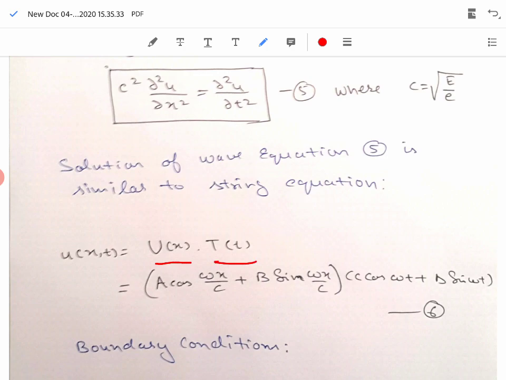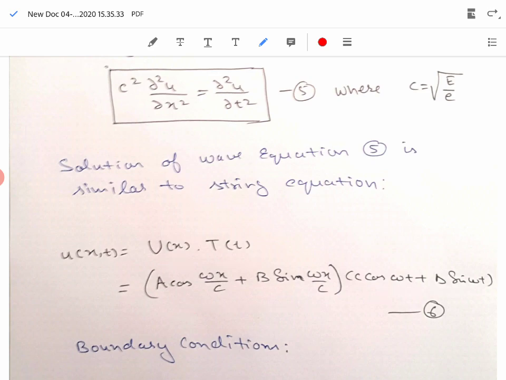made up of two parts, one dependent on space x only, the other dependent on time t only, and we will obtain two ordinary differential equations whose solutions will be given by A cos omega x by c plus B sin omega x by c, and C cos omega t plus D sin omega t.